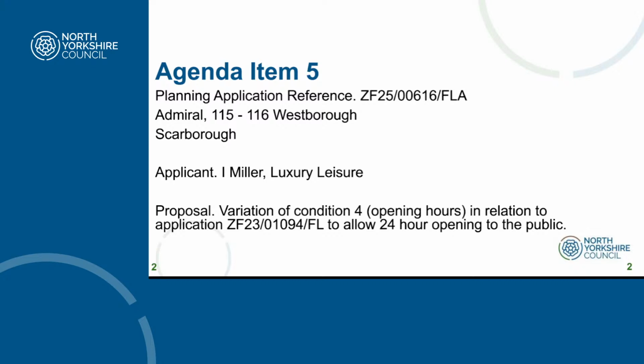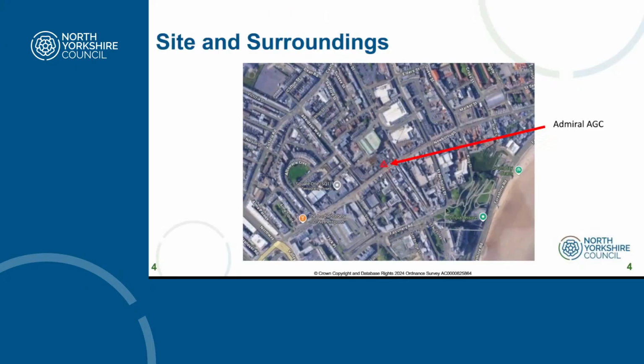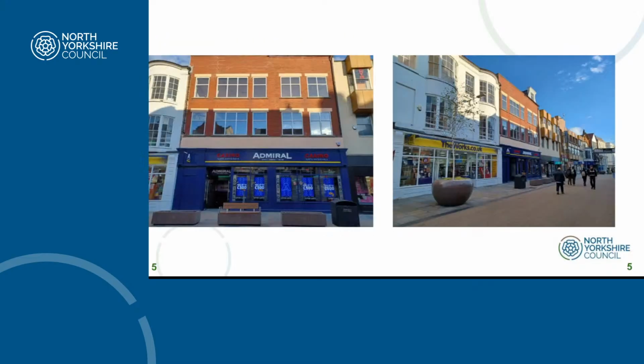The AGC is located within the town centre core along a pedestrianised section of Westborough, with Huntress Row and Bar Street leading off Westborough and also pedestrianised, as well as being home to a number of residences at upper floor level. The immediate surrounding area is characterised by retail shops and commercial premises operating during daytime hours, with Huntress Row and Bar Street containing some restaurants and bars operating during the evening.